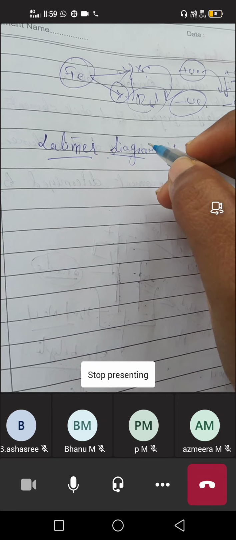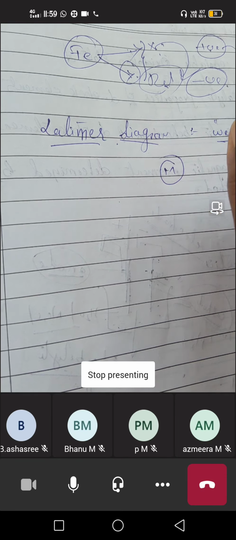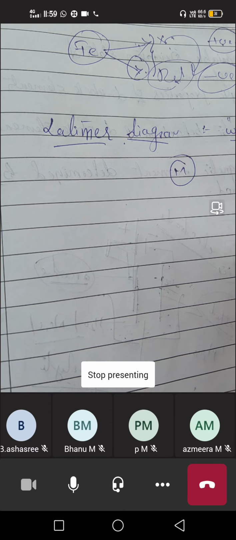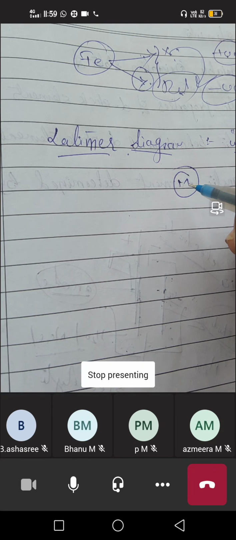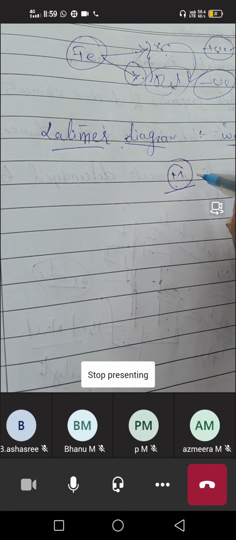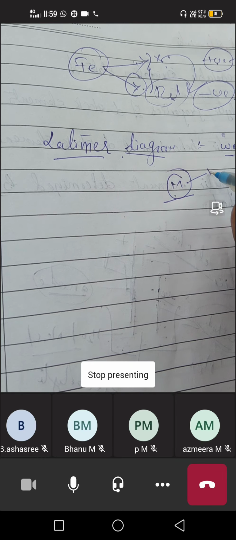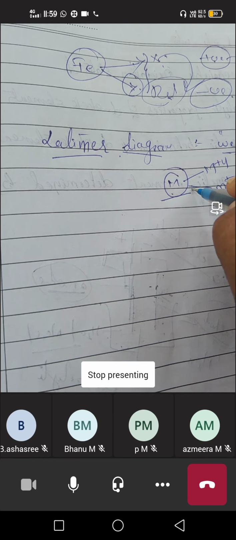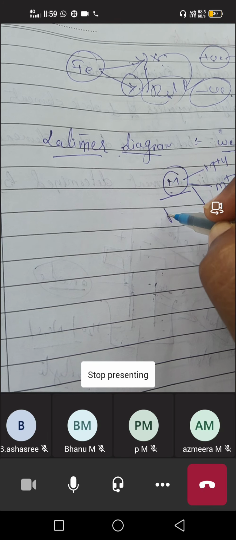For example, M is a metal. It may be iron, copper, nickel, whatever. This metal can exist in different oxidation states. A metal M can be present in +4 form, +3 form, +2, or +1.